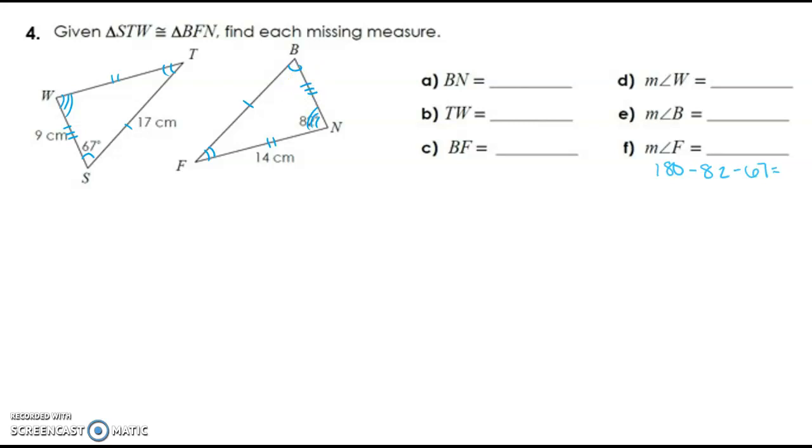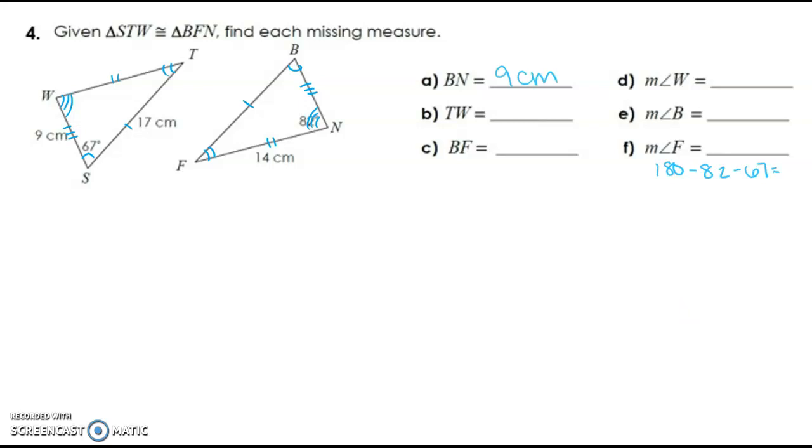Alright, so now given that information that I just told you, go ahead and try and pause the video, and I did give you a little hint there at the end for F, so go ahead and see if you can fill out A through F. Alright, so hopefully you paused the video and you saw that BN is the same as SW, and so you know that it's 9 centimeters.